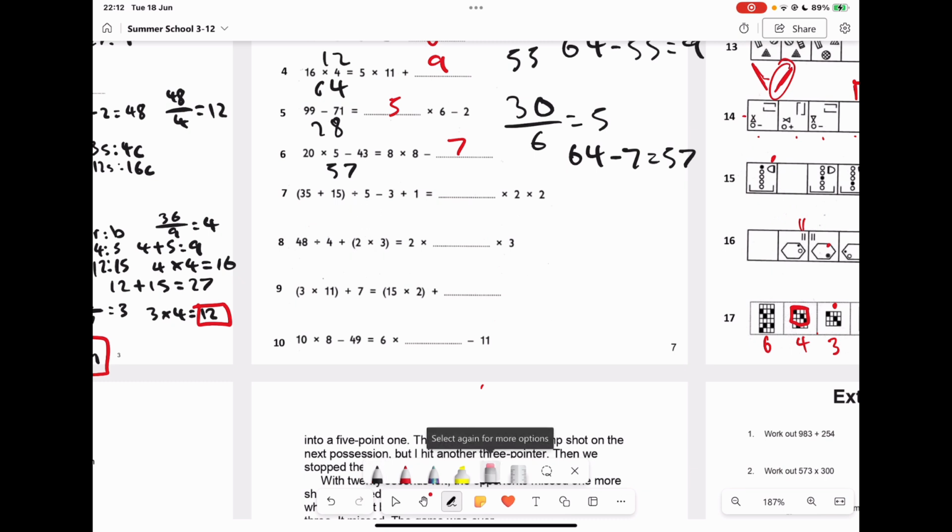So, okay. 35 plus 15 is 50, 50 divided by 5 is 10. 10 minus 3 plus 1. So we add, and that's 4. So it'll be 6. So something times 2 times 2. If I haven't gotten this correct.